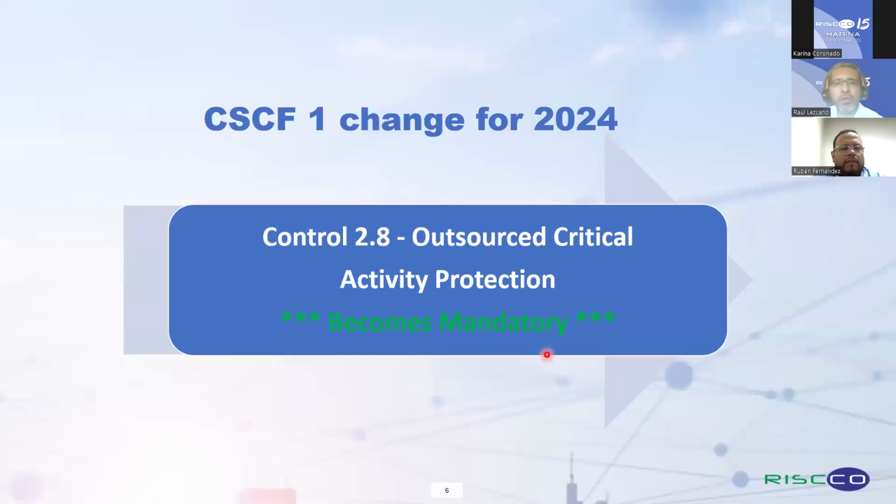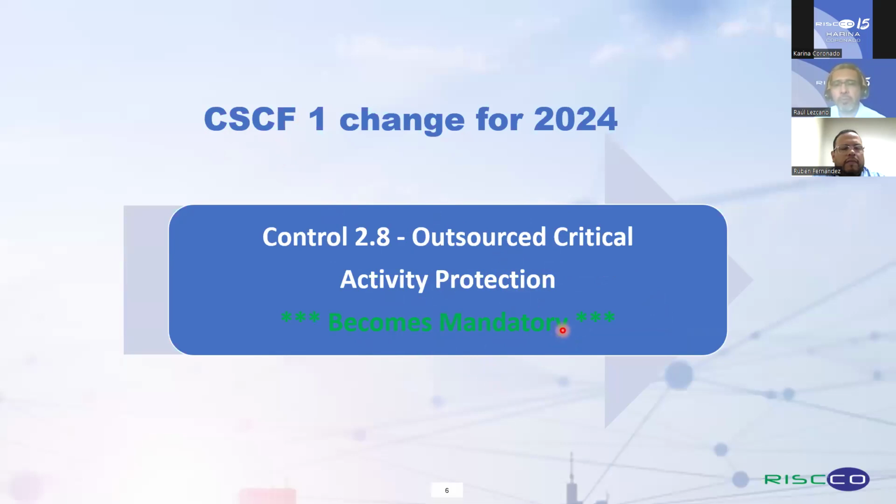The main change for the customer security controls framework is the promotion of control 2.8, which has to do with outsourced critical activity protection, an organizational control, which has become mandatory.